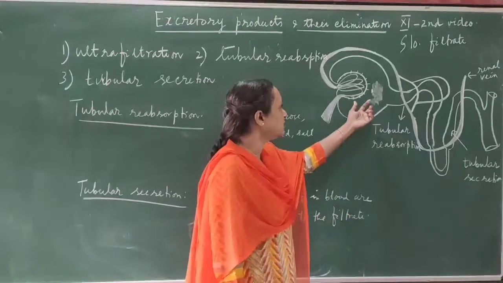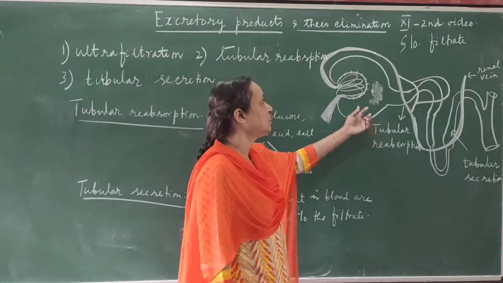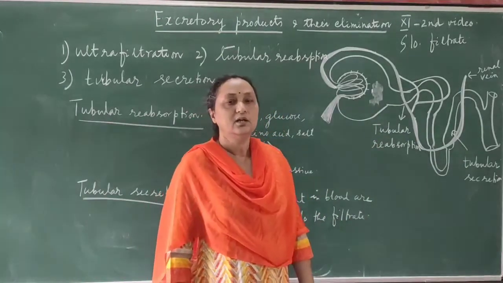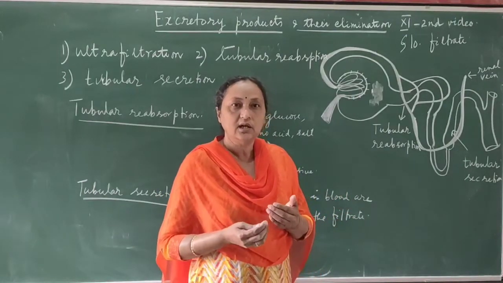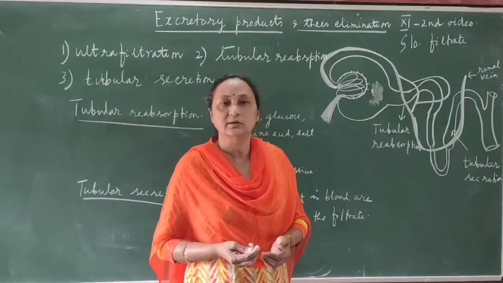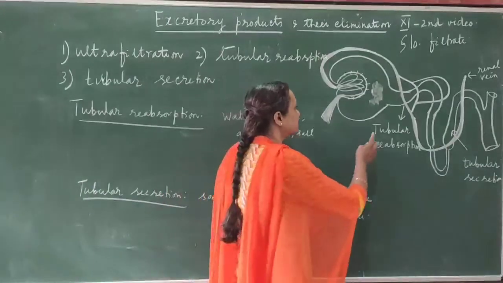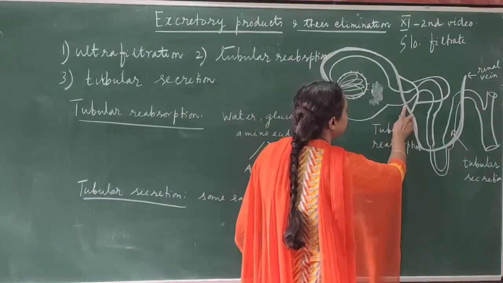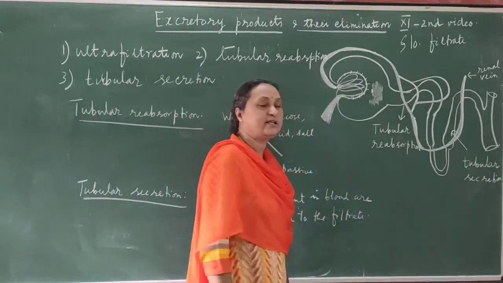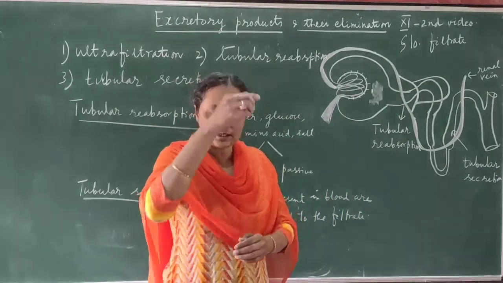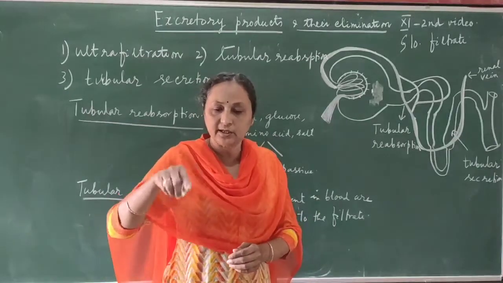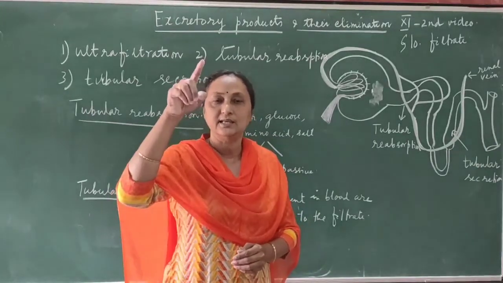Okay, so these usable compounds which are there in the filtrate, there is a requirement to be again taken back into the blood, and that process is called tubular reabsorption. And tubular reabsorption, so that is taking place in the initial part of the tubule, because the tubule is having a descending limb, then U-shape, loop of Henle, then there is an ascending limb.